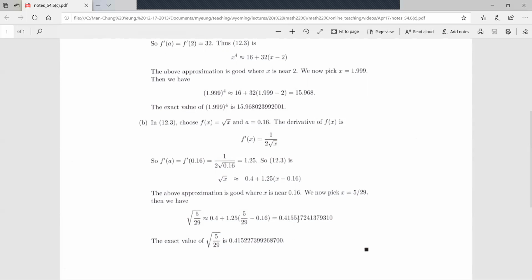So therefore, slightly greater than the exact value. This is a 4155. This is a 4152. So this estimate is an overestimate of this quantity.